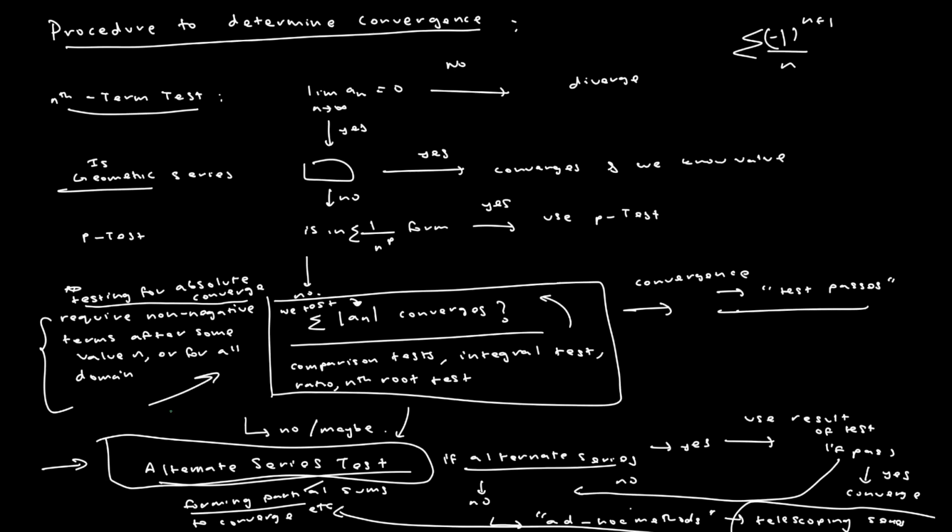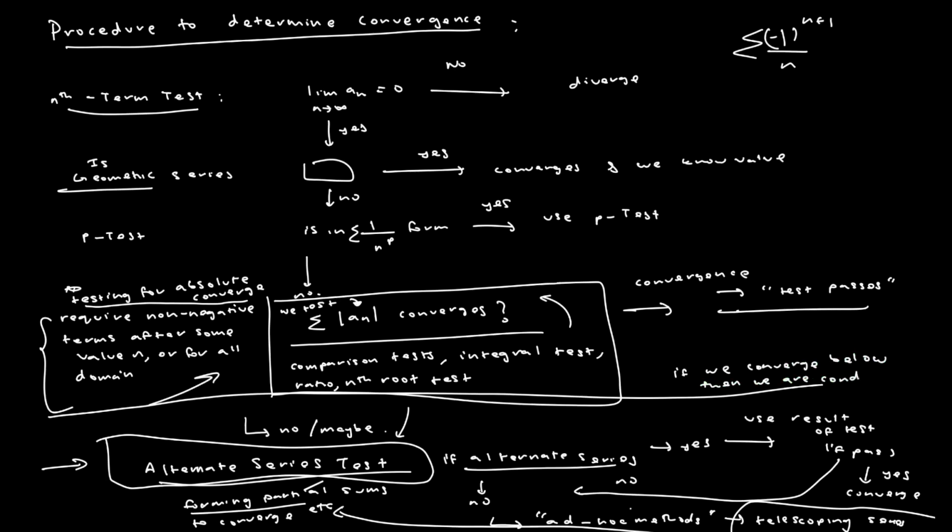So anything below this level, if we converge, then we are conditionally convergent. Anything below that point, we're not absolutely convergent.